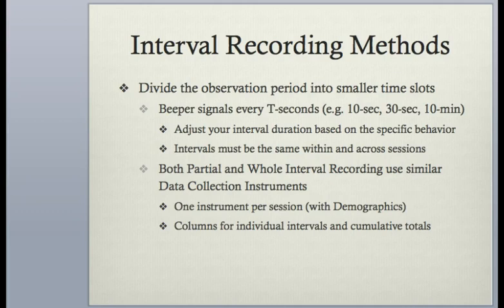Both partial interval and whole interval recording use very similar data instruments. Typically, we have one sheet per session, and so you fill in the demographics and then you collect your data, and the next day you bring a new sheet and you fill in the demographics and you do the data collection. And we have columns for individual intervals, and then we also have a cumulative total that we add up at the end. I want to give you an example of what this looks like.